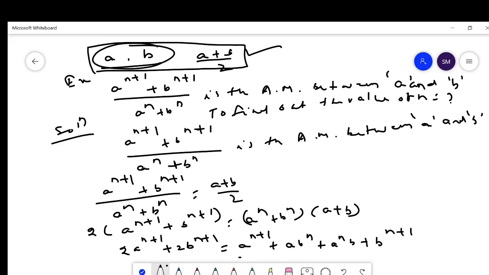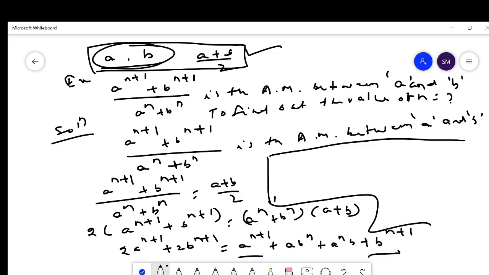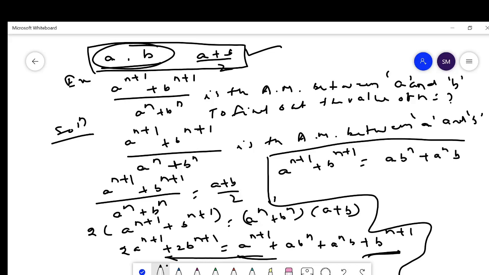Then take this and this to the LHS, bring it to the LHS. Then we get A to the power n plus 1 plus B to the power n plus 1 is equal to A B to the power n plus A to the power n B.